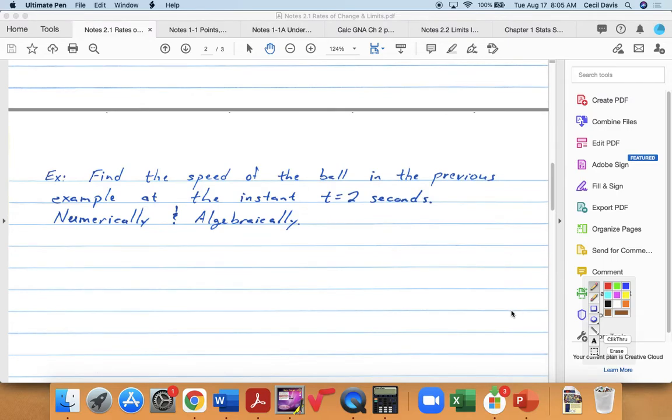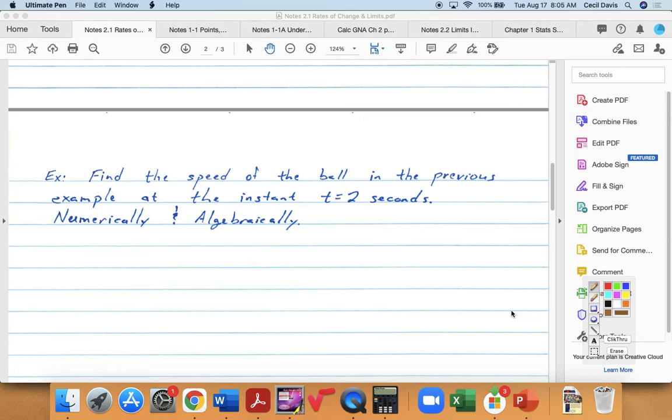Let's find the speed of the ball in the previous example at the instant t equals 2 seconds, both numerically and algebraically. We're actually going to estimate it numerically. How are we going to do that? If we did the interval from 0 to 2, that's an interval of time. We want it at an instant in time.